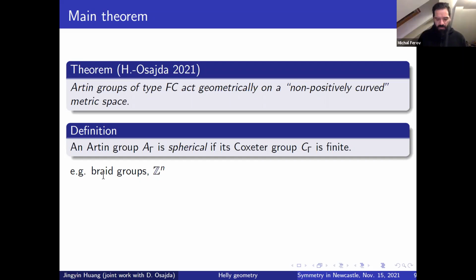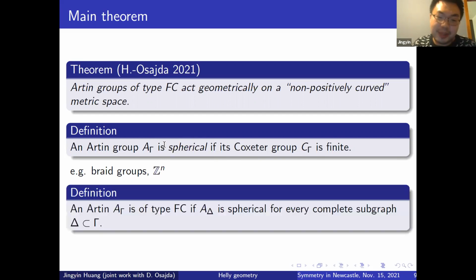Another example is Z^n, which is also an Artin group, and the corresponding Coxeter group is basically a direct sum of Z mod 2Z. That's also a finite Coxeter group. So if you take an Artin group whose Coxeter group is finite, then that's called a spherical Artin group.